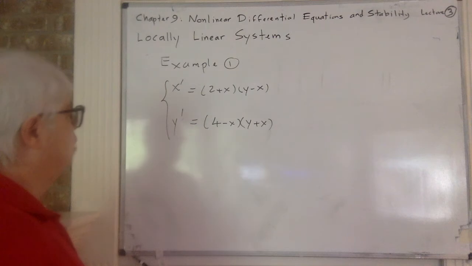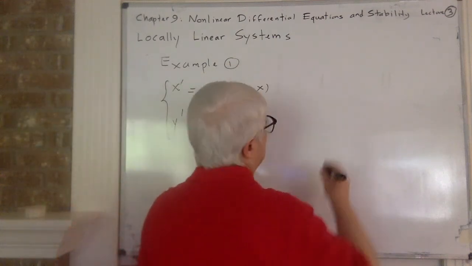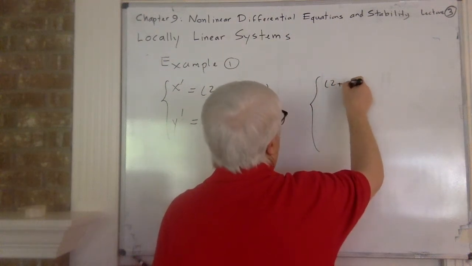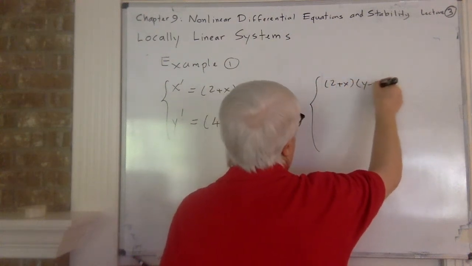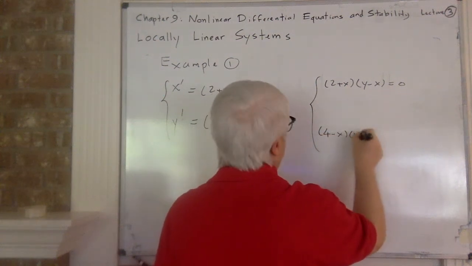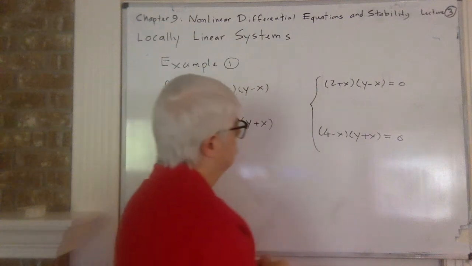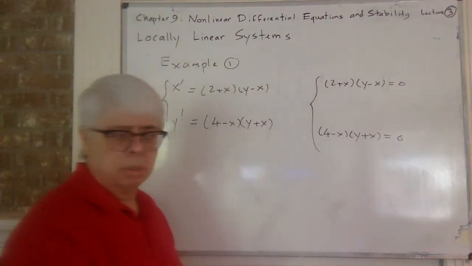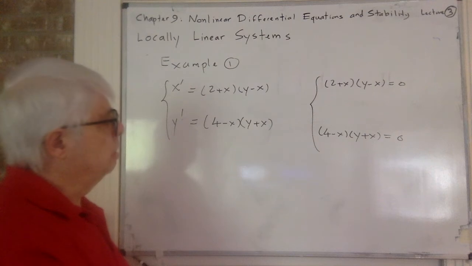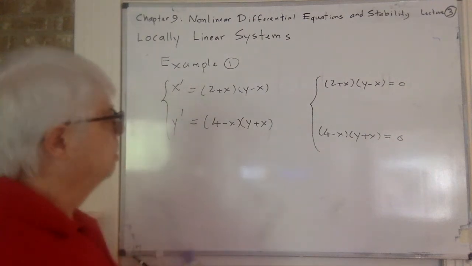So be careful. If I set this to 0, that is algebra. That is not calc anymore. In fact, so y minus x is 0, then 4 minus x, y plus x is 0. You can guess some of the critical points. Well, what is the first critical point?